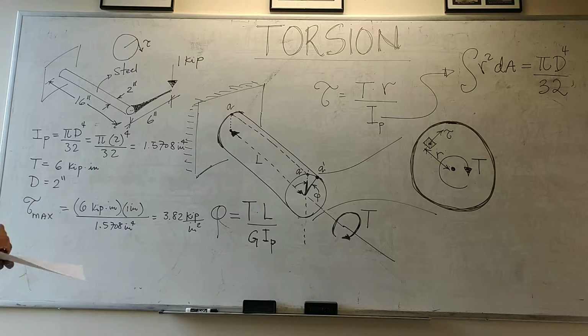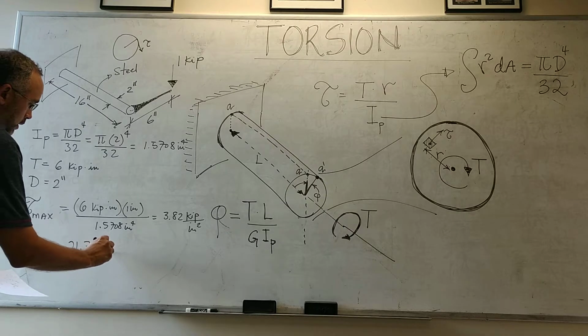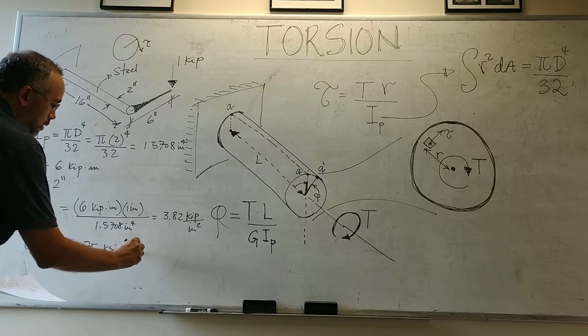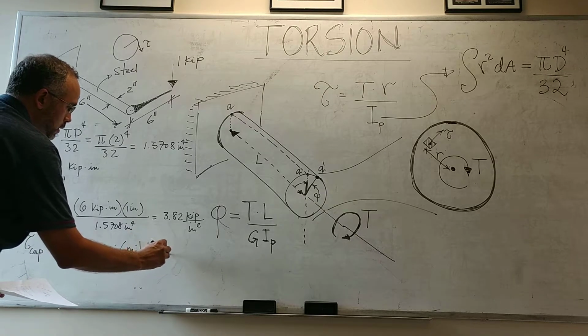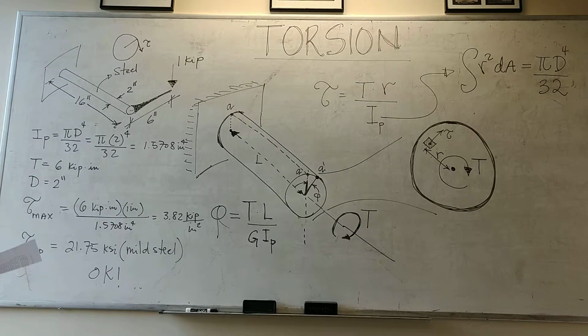So this stress is well under the capacity of the steel. In this case, shear capacity would be 21.75 KSI for mild steel. So we are okay in terms of demand and capacity.